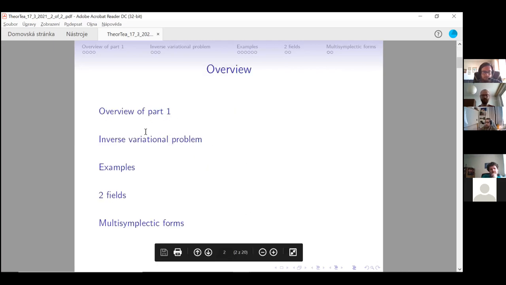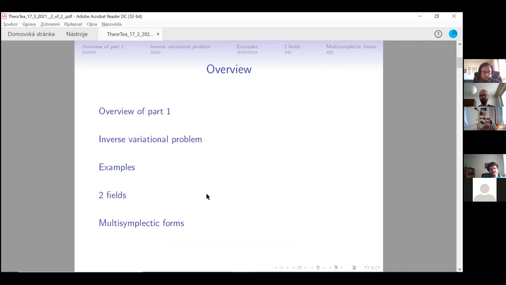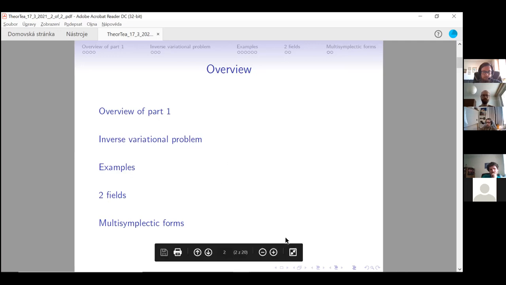So, overview of part one, then application to inverse variational problems. The application is not that much about finding the solution, but rather, as I said last time, showing quite efficiently that there is not a solution to a given equation with respect to the inverse variational problem. We will see examples. The first example will be very simple, almost trivial.